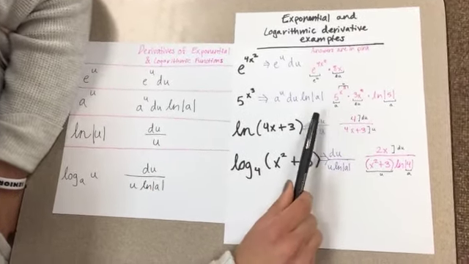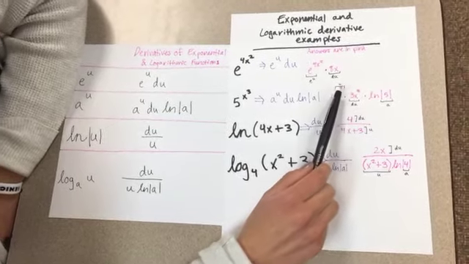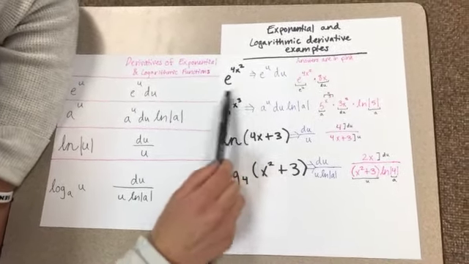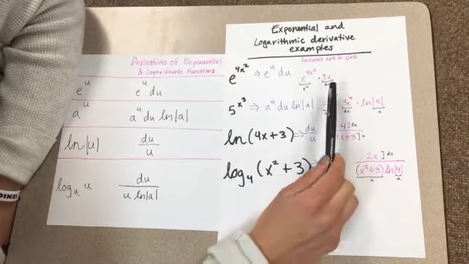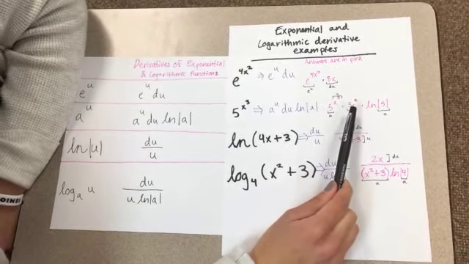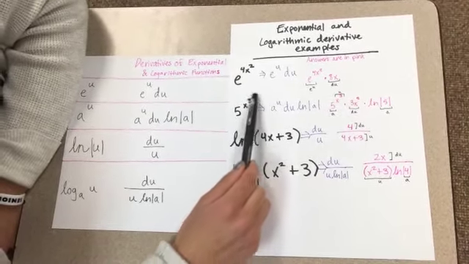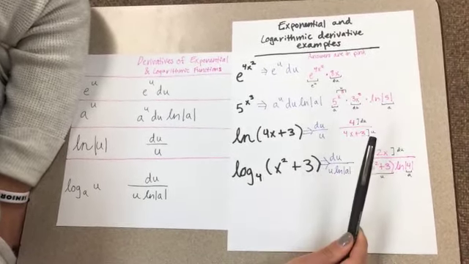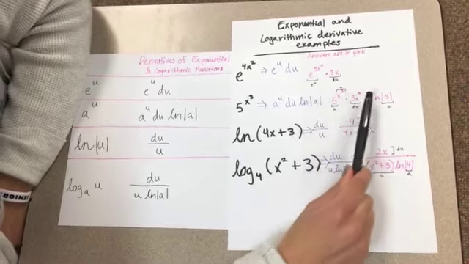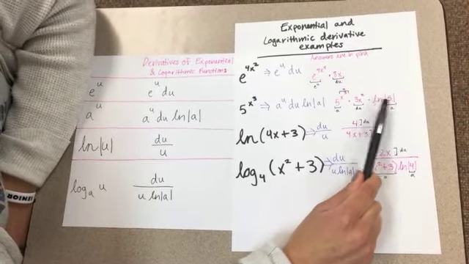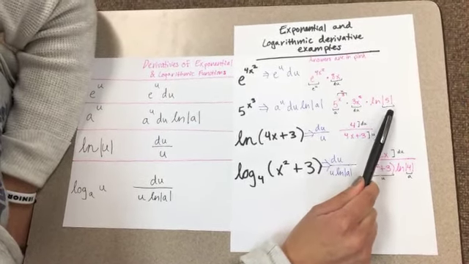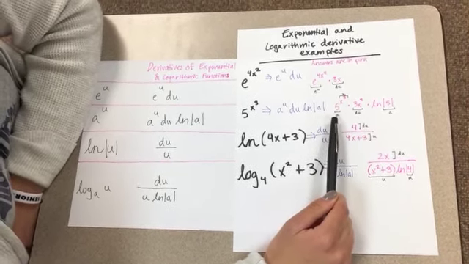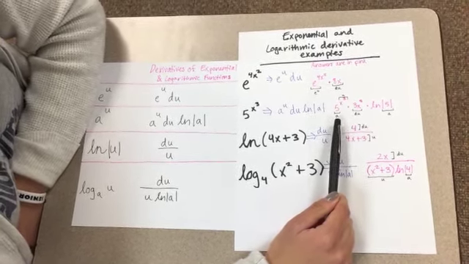So for the answer, we have 5 to the x cubed, because that's our a to the u, which is actually the original problem here, times our du, which is going to be this x cubed's derivative, so 3x squared, times the ln of a, so it's going to be times ln of our constant, which here is 5. So the final answer is 5 to the x cubed times 3x squared times the ln of 5.